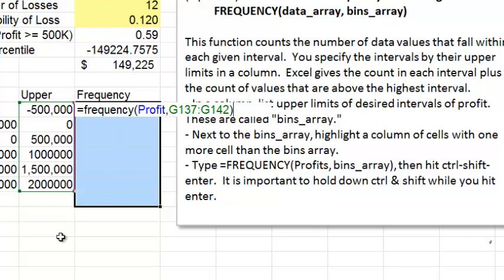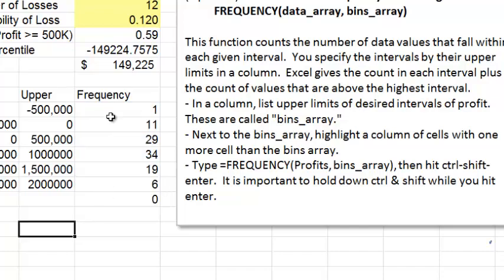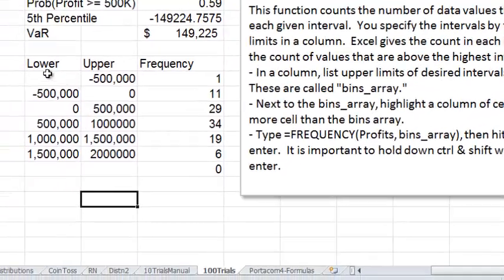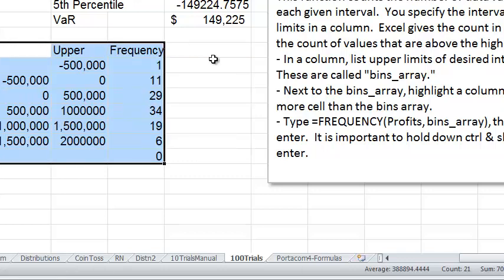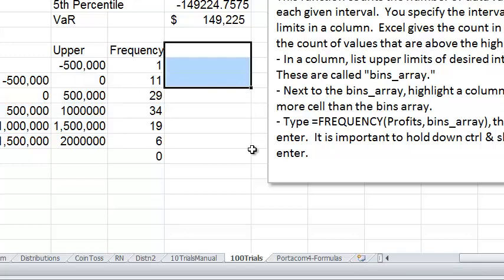So we hold down Control Shift and then enter. And this is the same for the Mac. So this tells you counts in these different intervals, and if we want to, we could also build a probability distribution from this by dividing each frequency by the total number of profits.